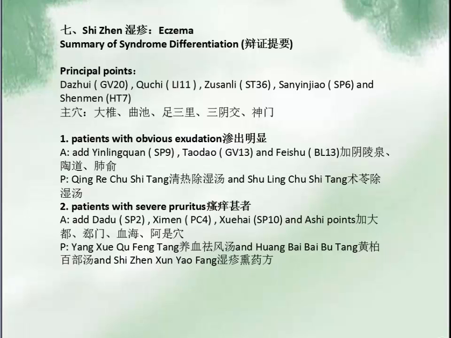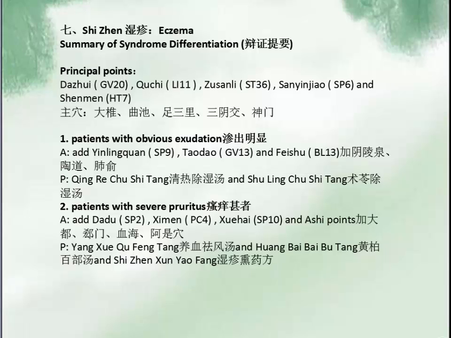What is pruritus? Itching. Okay, so if we have severe itching, it means that there's wind predominance. So your additional points should focus a little bit on clearing the wind. Actually here, looking at the points, they're looking more at the blood right now.